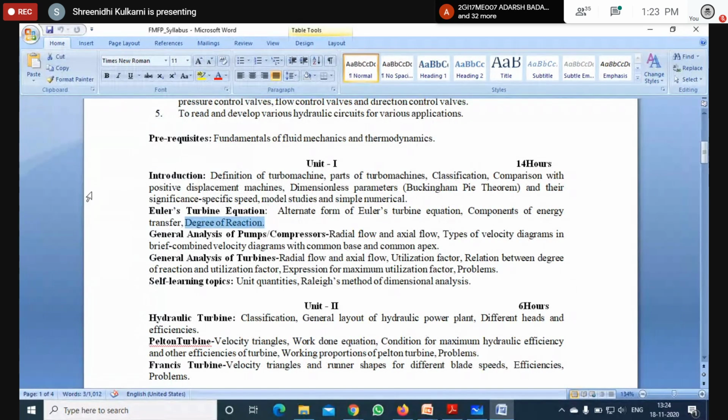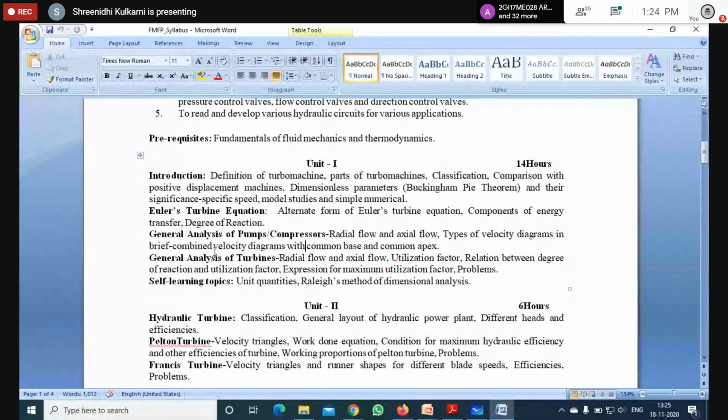Next, the general analysis of pumps and compressors. So what is radial flow, axial flow? Types of velocity diagram, in brief, combined velocity diagram with common apex and common base. How to draw the velocity triangle by common apex and common base.